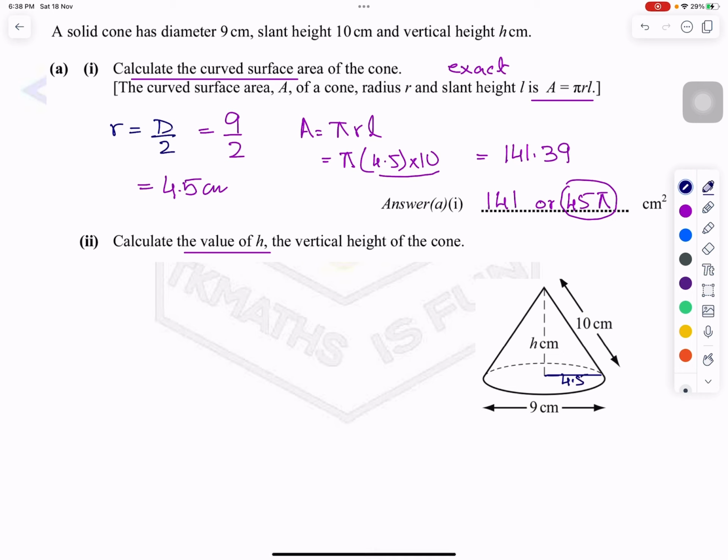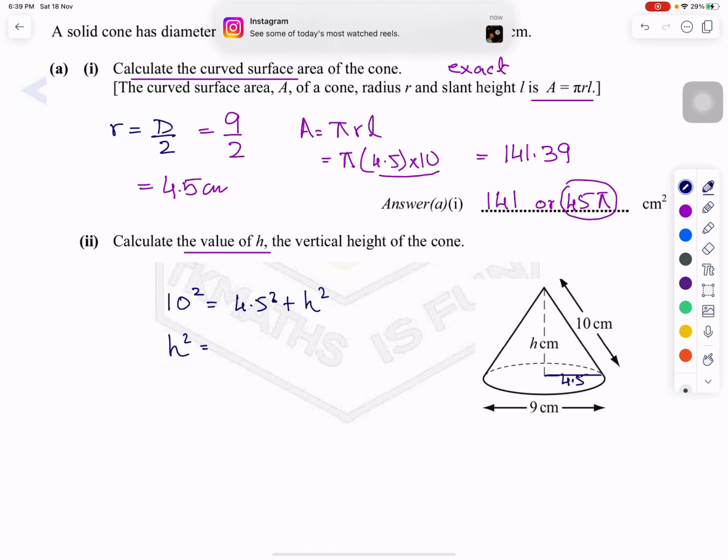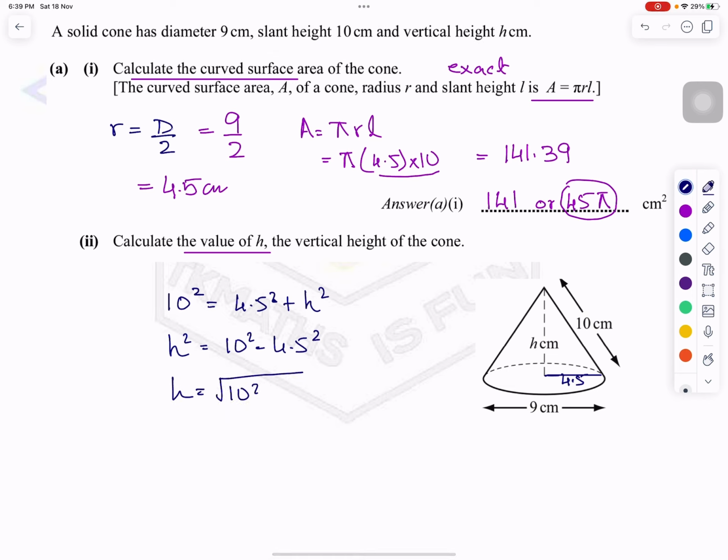You can apply Pythagoras theorem: hypotenuse square is equal to the sum of the squares of the other two sides. So it will be 10 square minus 4.5 square. Take the square root of it. You can use the calculator and the answer will be 8.93. And don't forget to write the unit.